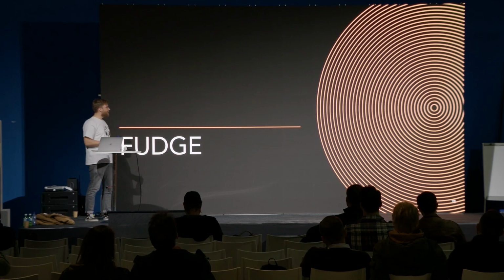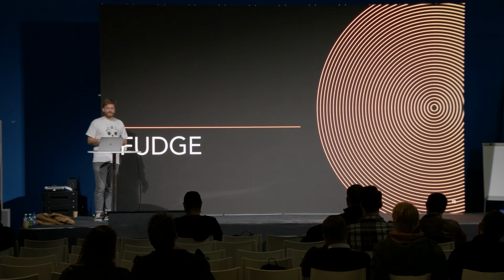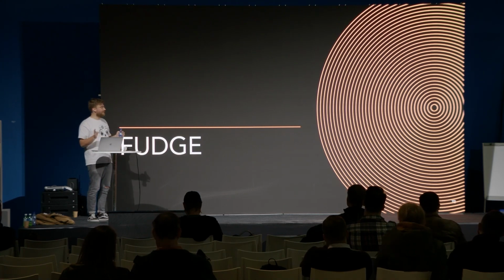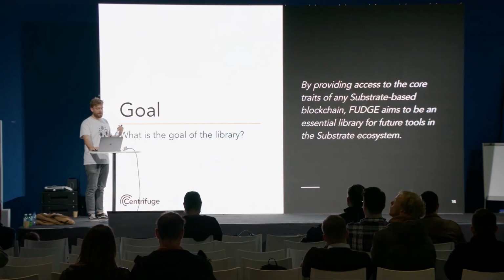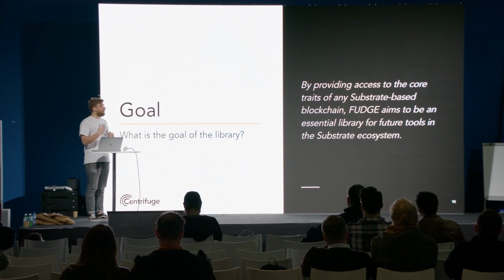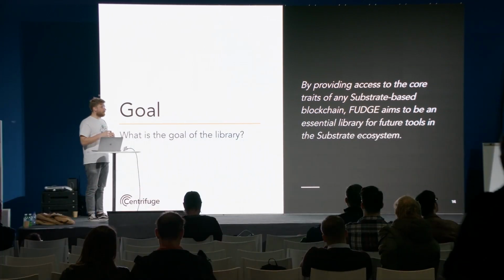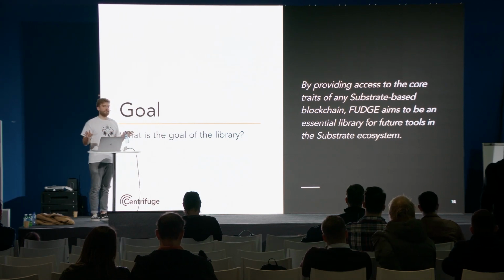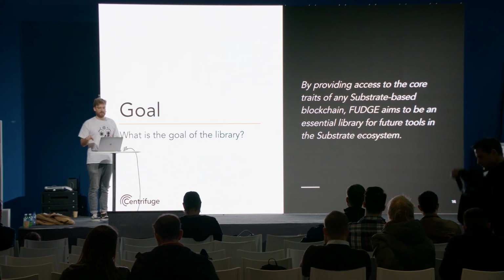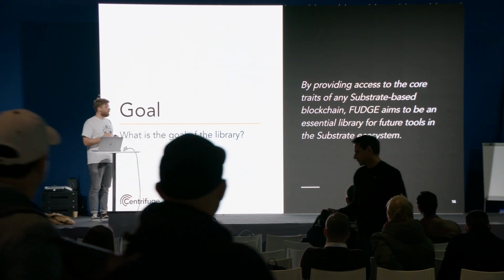So all of this has basically been my argumentation for why FUDGE is a useful library and why it can be used. What FUDGE does is give you access to the core traits that any Substrate-based chain is currently built upon.